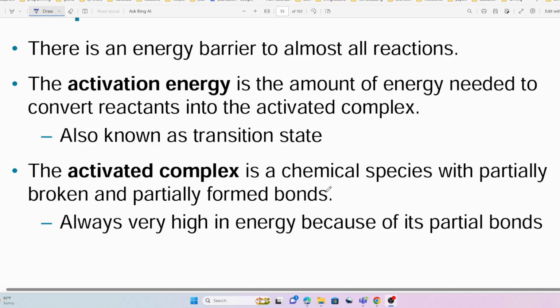The activated complex is a chemical species where we have partially broken bonds and partially formed bonds. So the bonds are breaking and the bonds are forming. And it's always high energy because of these partial bonds.